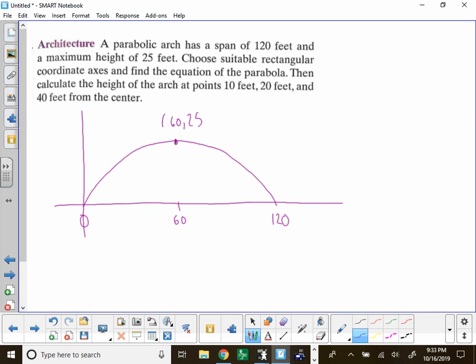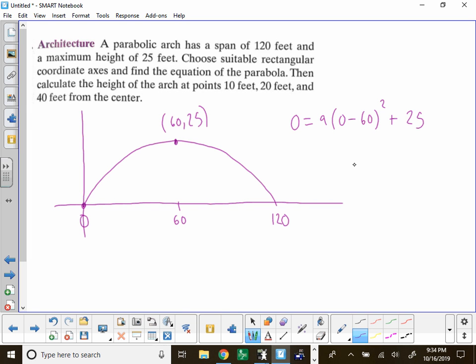All right. So if we're going to write the equation of this, that would be the point 0, 0. So we have 0 is equal to a times x, which would be 0, minus h, which would be 60, squared, plus k, which is 25.